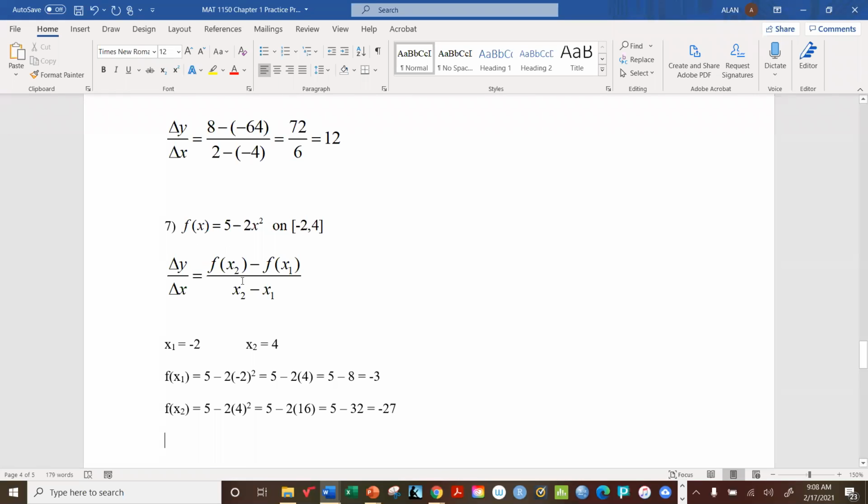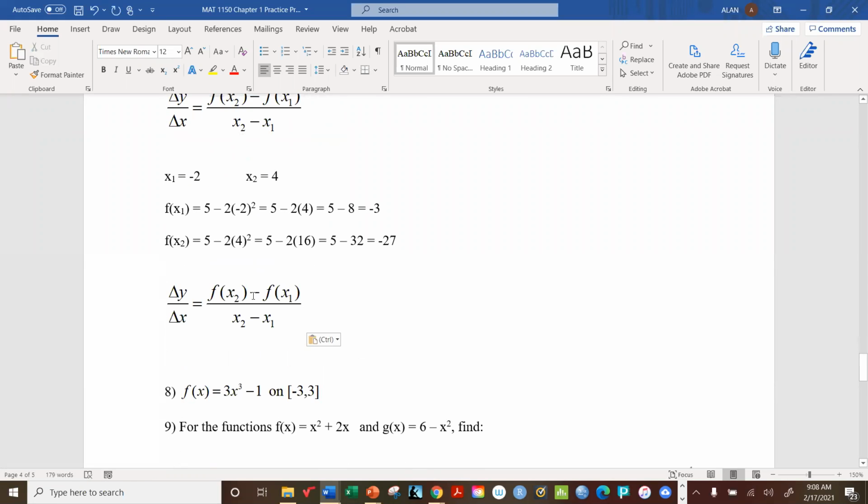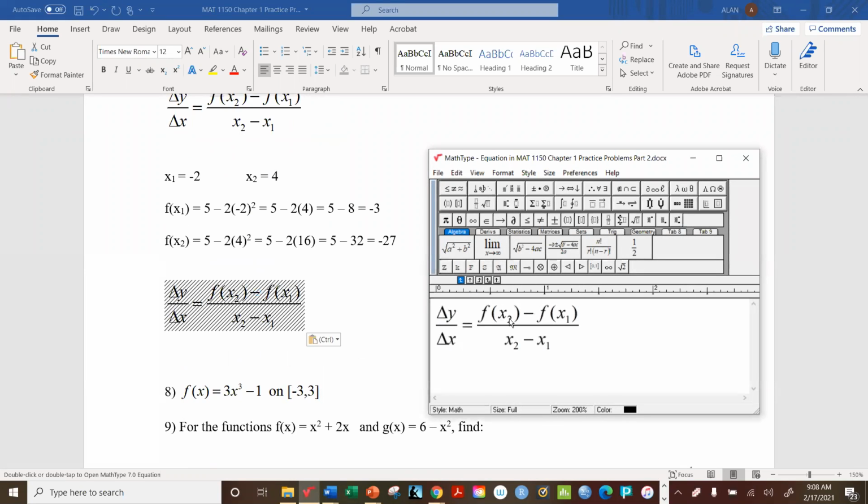Now we're ready to plug this in. f of x2 is -27 minus a minus 3.